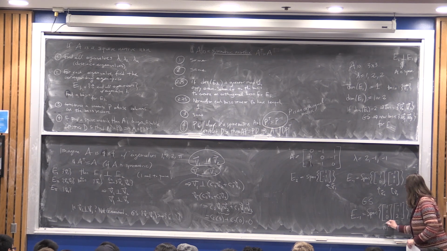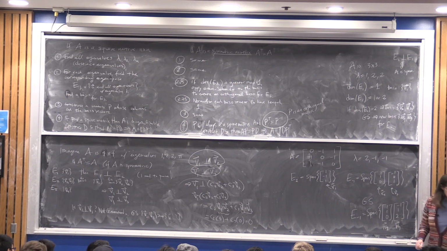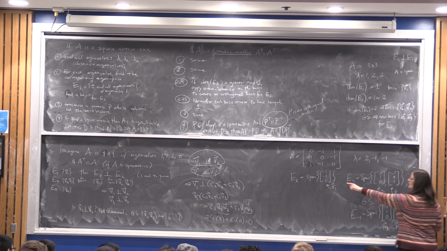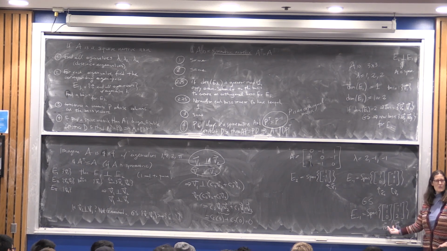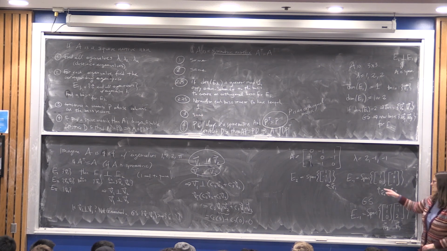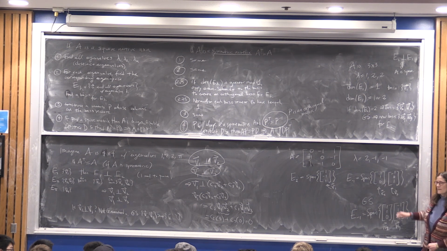This is W1, W2, W3. W2 and W3 inherit being orthogonal to V1, and they are mutually orthogonal by Gram-Schmidt. And I know that Gram-Schmidt doesn't mess up subspaces, so the span of these two vectors is the same as the span of those two vectors. So that's Gram-Schmidt.